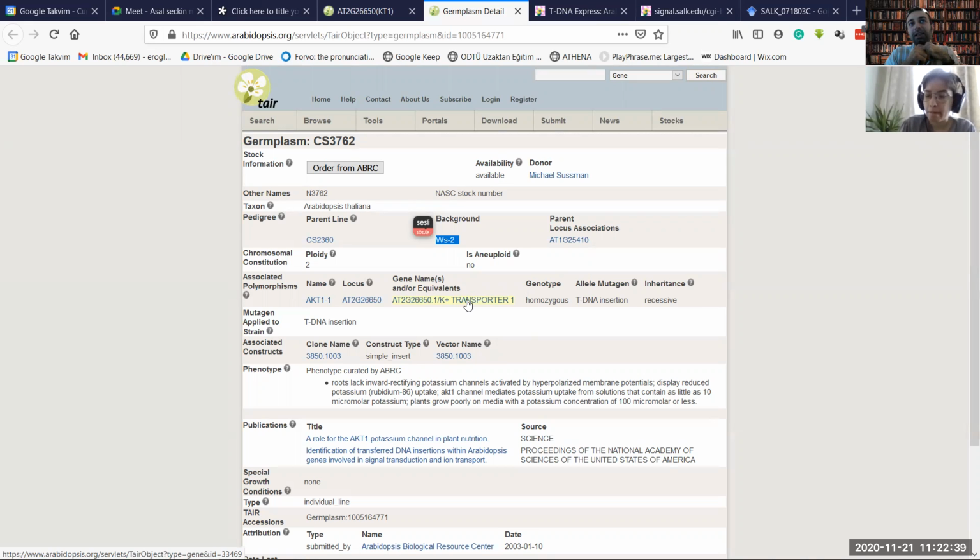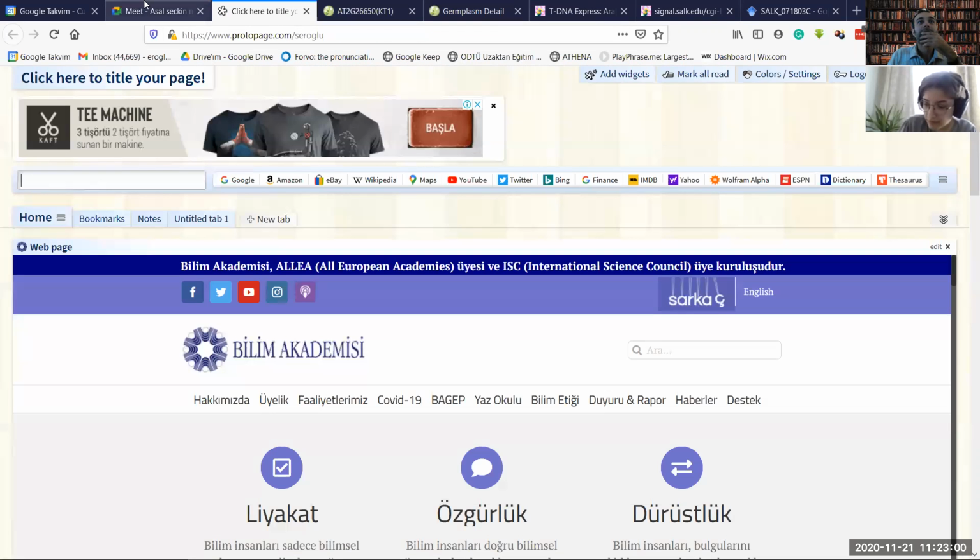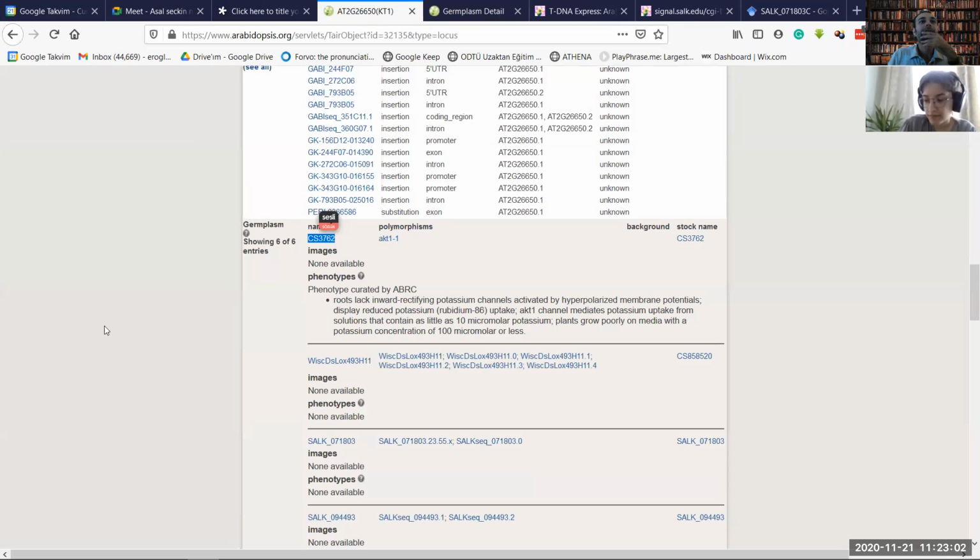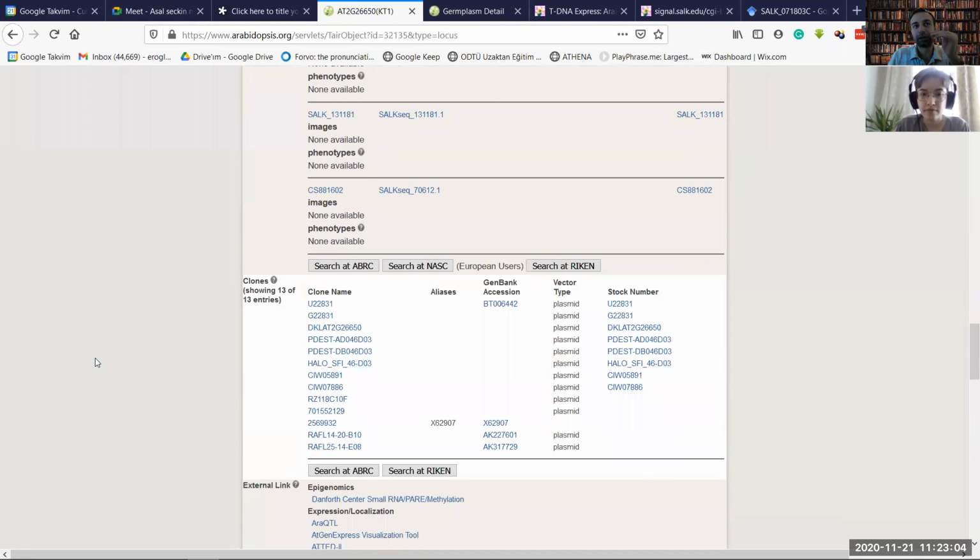Sometimes we don't have these mutants in Columbia background, then you can go for different backgrounds. But everything will be more difficult if you use a different background, because all these tools are generated in Columbia 0. Of course, there are exceptions to that. So this is how you find the mutant and then order it for your experiment.